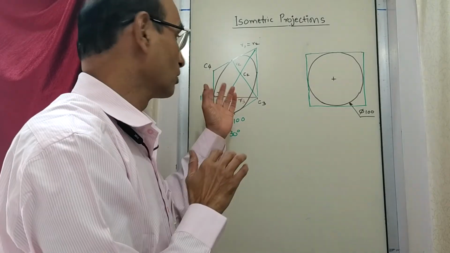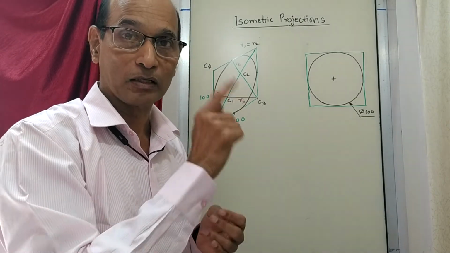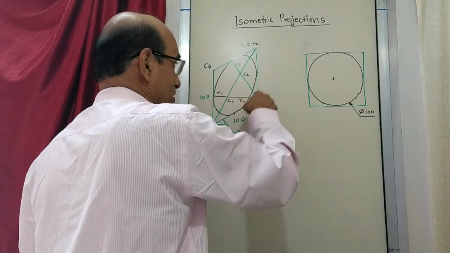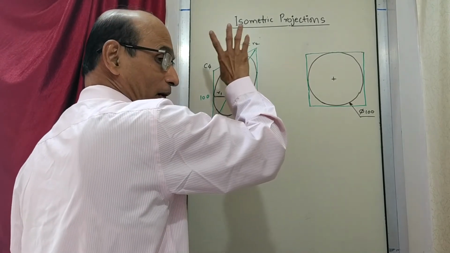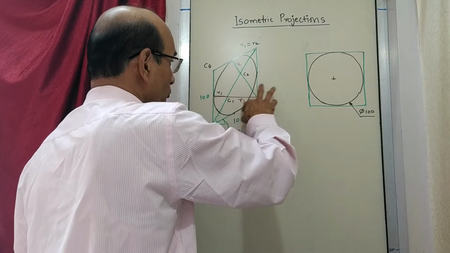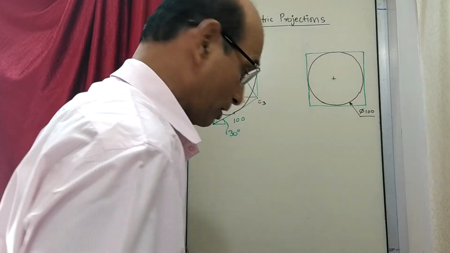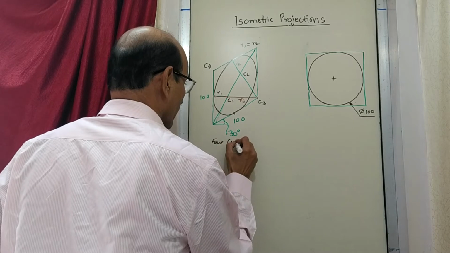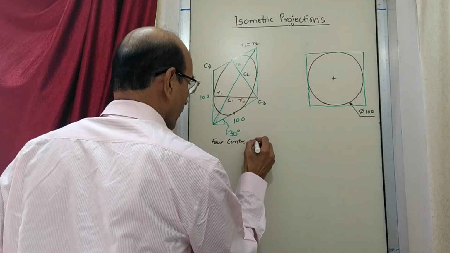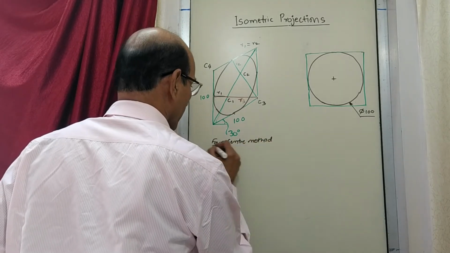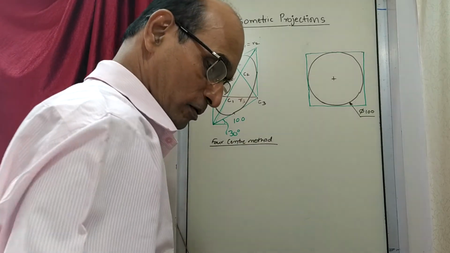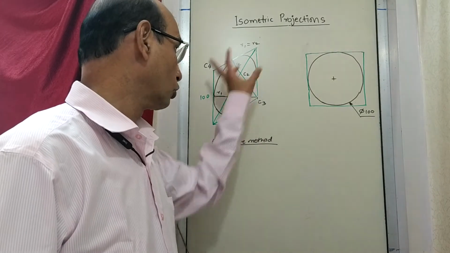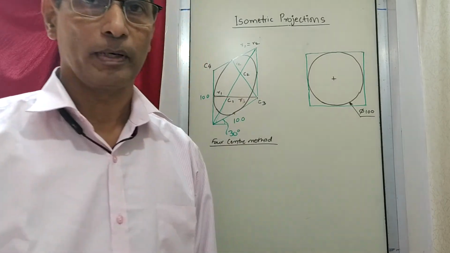And this is our circle which is easy to draw, because otherwise you have to draw by plotting all the 1000 points, which is very, very difficult. So we are making use of the four center method. This is called the four center method. By making use of the four center method, we have learnt how to draw a circle in isometric.